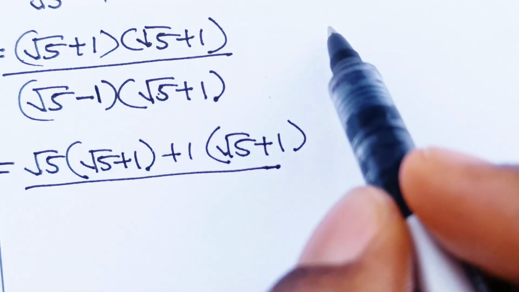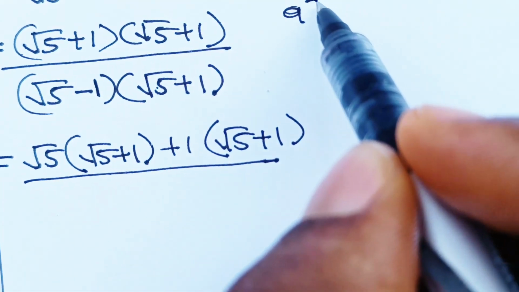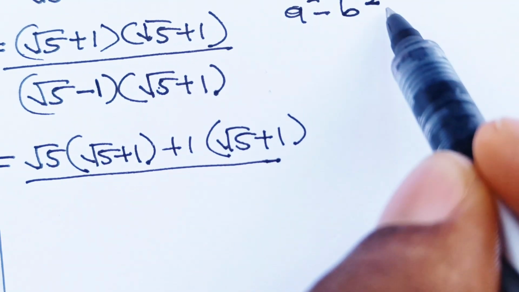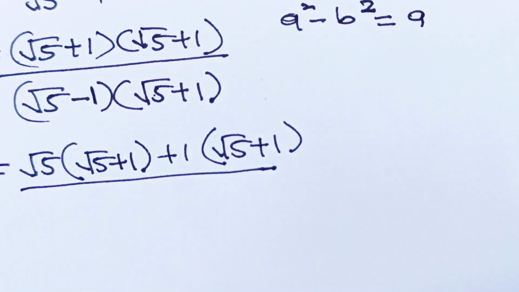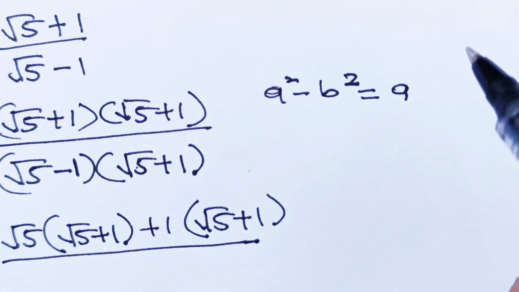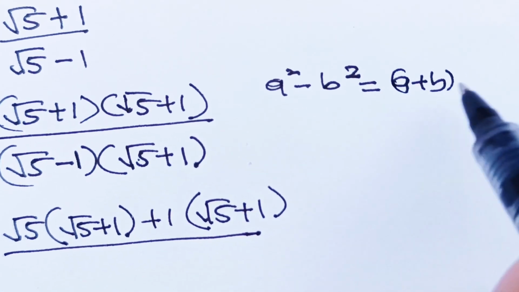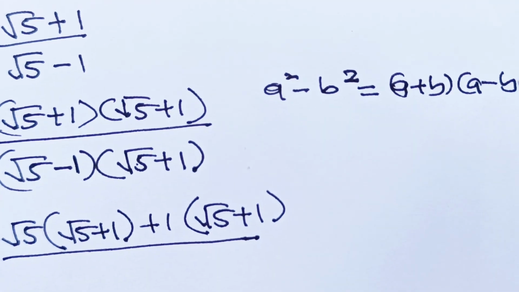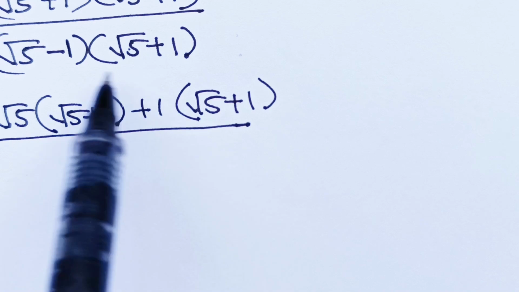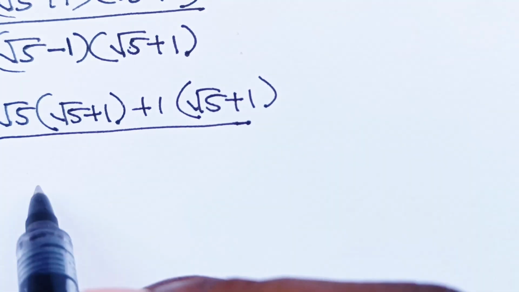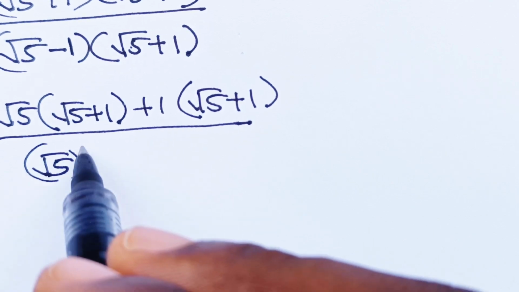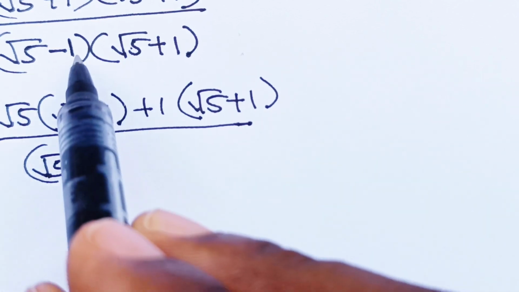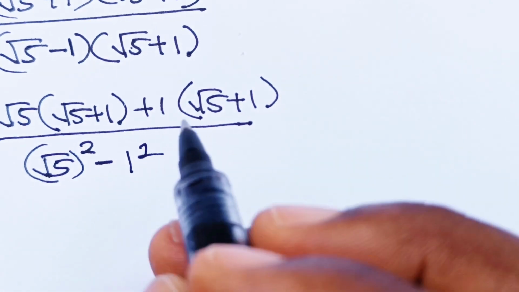Now recall that when you have a squared minus b squared, this is equal to a plus b bracket a minus b, a plus b multiplied by a minus b. All right, now that means that we can express this denominator as what? Square root of 5, because in this case our a is root 5, so it's going to be square root of 5 squared minus our b, which is 1 squared.